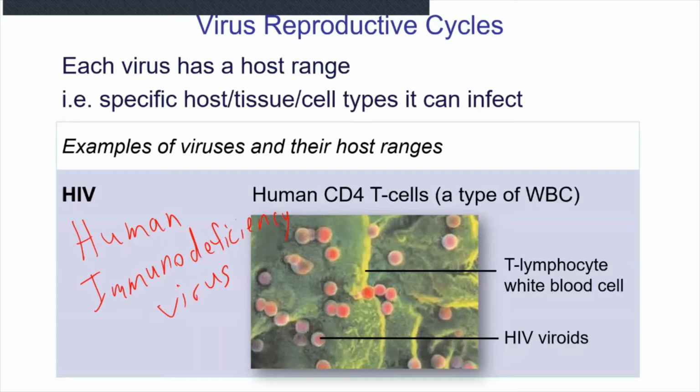So these cells are important in your immune system. So if you get HIV infection, it's going to kill immune cells. And if the disease gets to a certain stage, it turns into something that we call AIDS, which is acquired immunodeficiency syndrome. And it can be a very bad thing to have because your immune system's not working properly. So very, very specific both to human, the organism, and also the cell type.